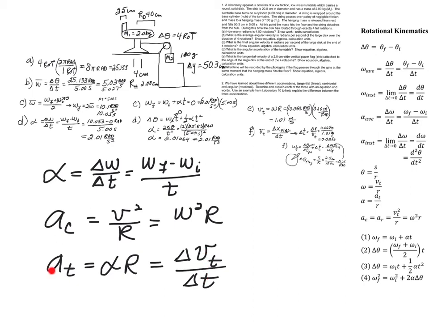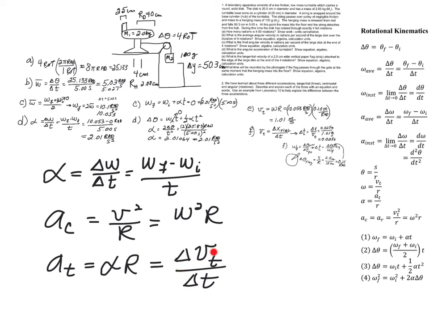And so we can go to the conversion equations and say that tangential acceleration equals the angular acceleration times r. But that doesn't really tell us what it is. It tells us how to get it from the angular acceleration. What it is, is the rate at which the tangential velocity is changing.